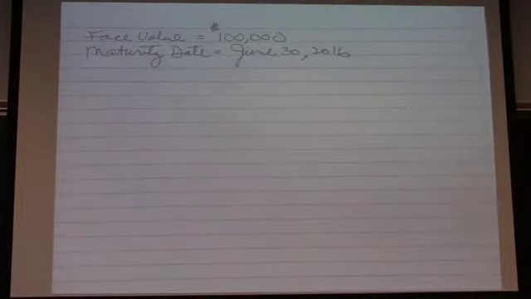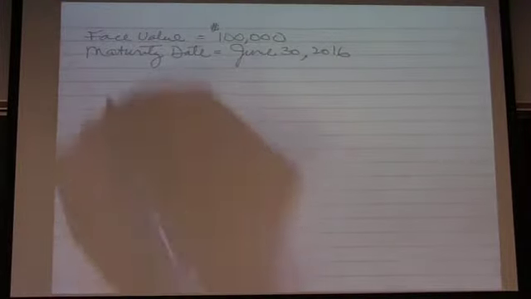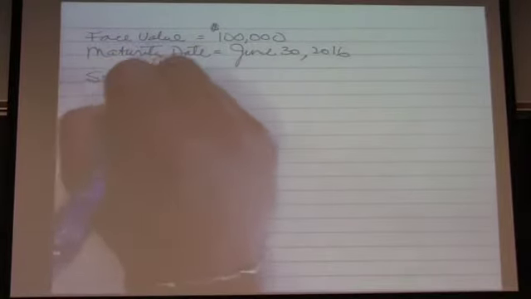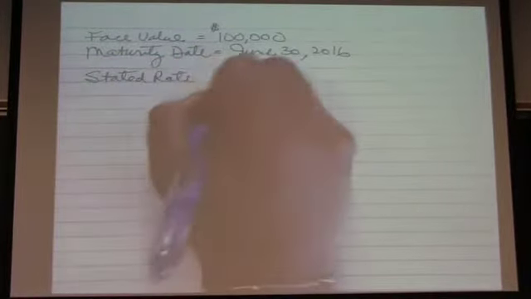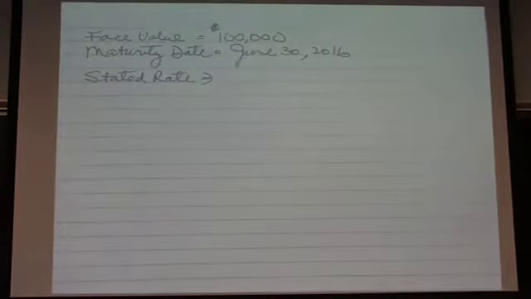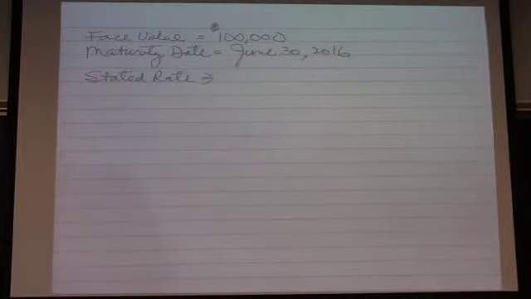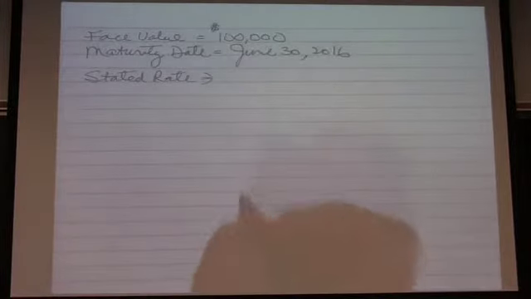Now, the bond has a stated rate. And what a stated rate is, essentially, is the coupon rate, the rate in which this particular bond pays the bondholder. So let's assume that the stated rate of this bond is 6%.